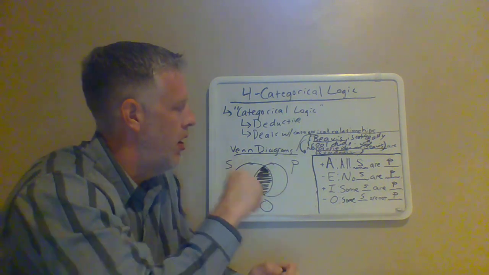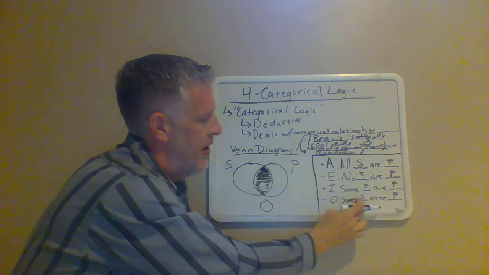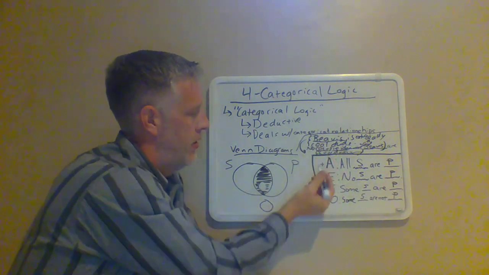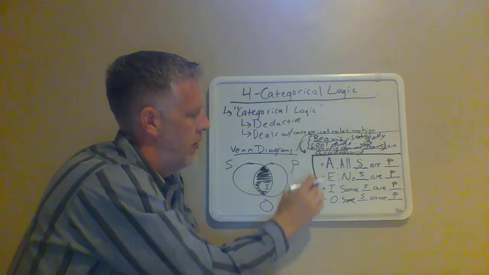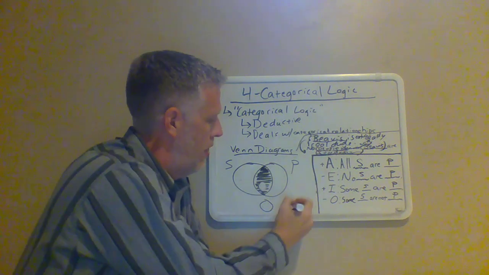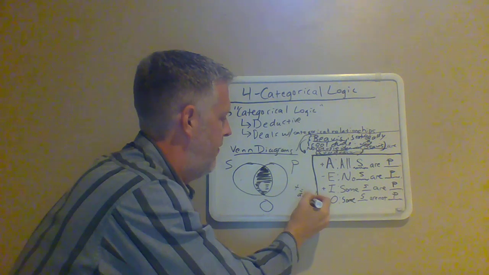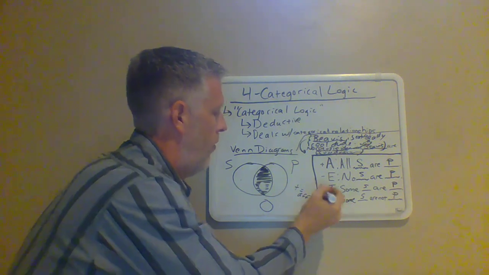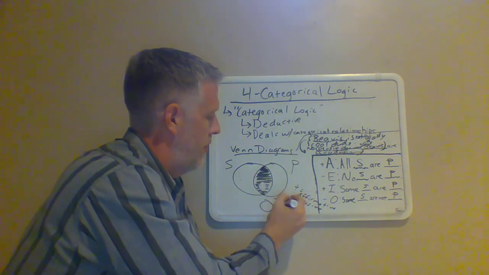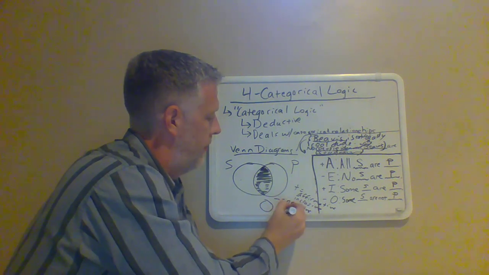And the same idea here: we're excluding at least the some S that aren't P from being P. So these are considered affirmative or inclusive, and these are considered negative or exclusive. So again, positive equals affirmative or inclusive, negative equals negative or exclusive.